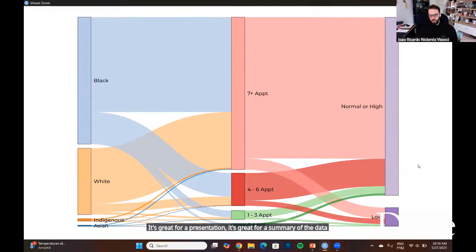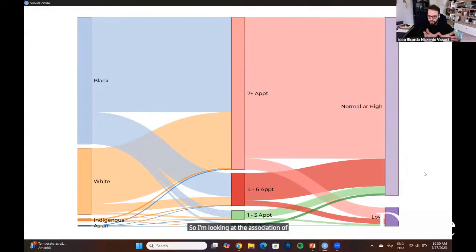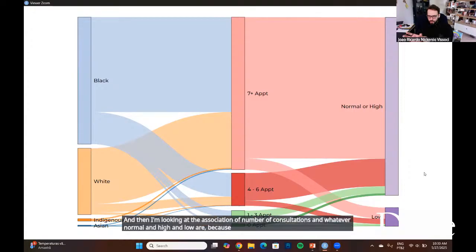Now, the way that I look at this graph and what I see is two bivariable associations. So I'm looking at the association of race and number of consultations. And then I'm looking at the association of number of consultations and whatever normal and high and low are, because I came in a little late, so I don't recall what those are. So blood pressure, let's say.